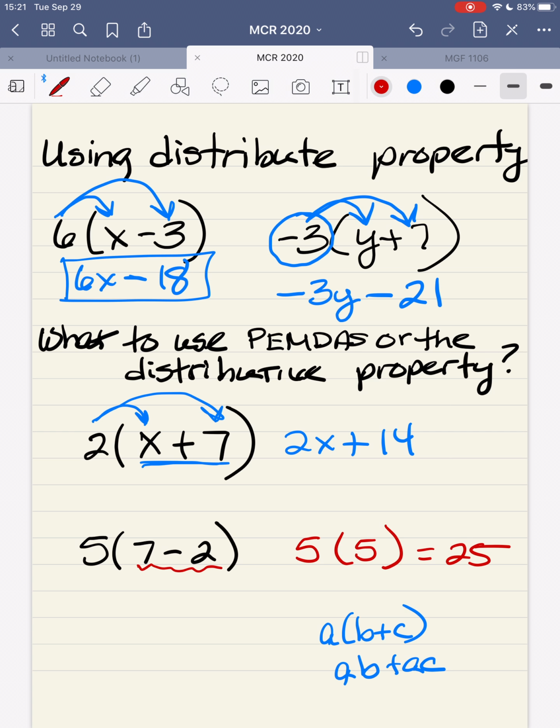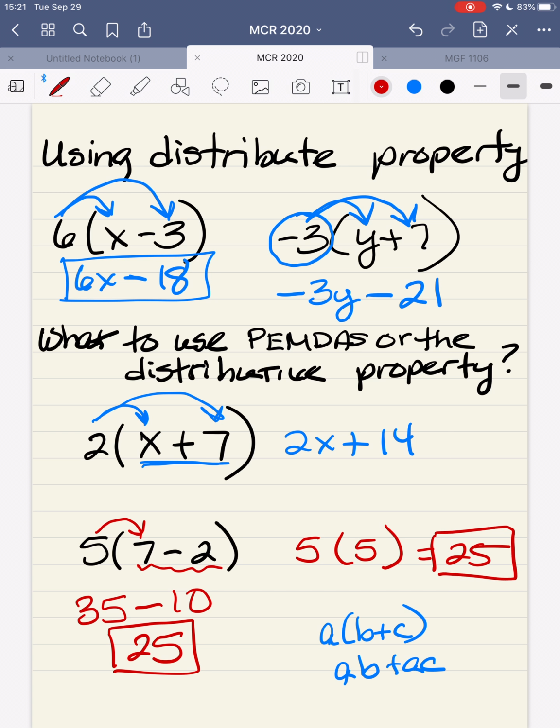Let's do it with the distributive property, see if we get the same answer. So we have 5 times 7, which is 35. A positive and a negative or minus is minus. 5 times 2 is 10. 35 minus 10 is still 25. So no matter which method you use, you should get the same answer. However, sometimes using the distributive property when you don't need to will cause your numbers to get really big.